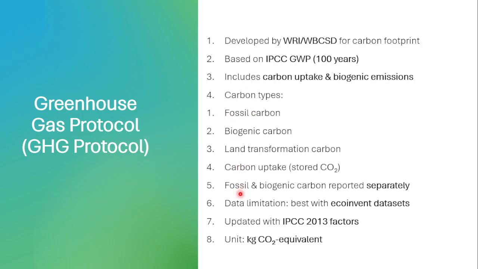Fossil and biogenic carbon must be reported separately, while land use change and carbon uptake reporting are optional. Results depend on the databases, and accurate separation is best supported by the ecoinvent database. This method uses IPCC 2013 factors, and results are expressed in kilograms CO2 equivalent. So this is the short explanation about the GHG protocol.